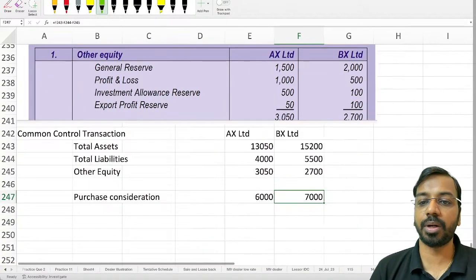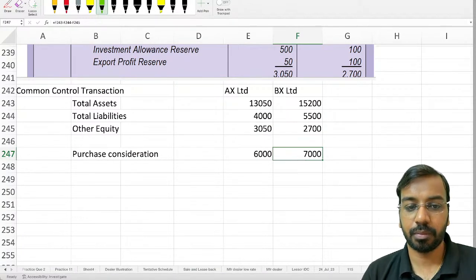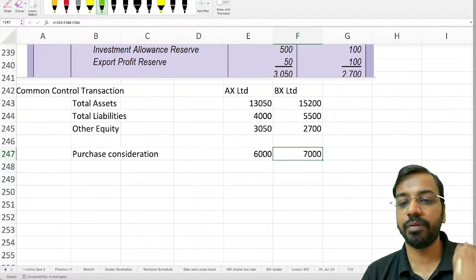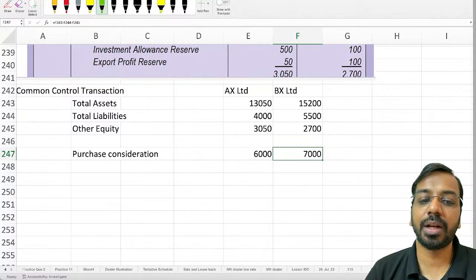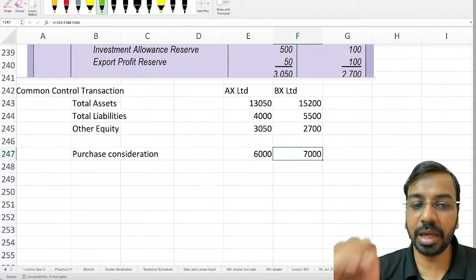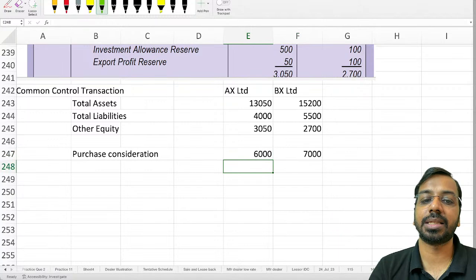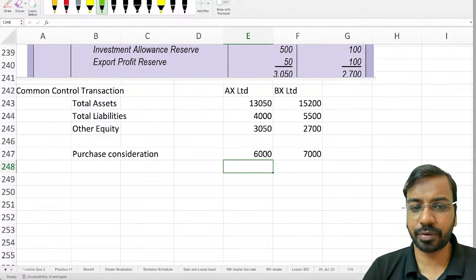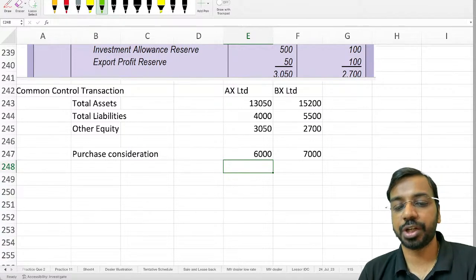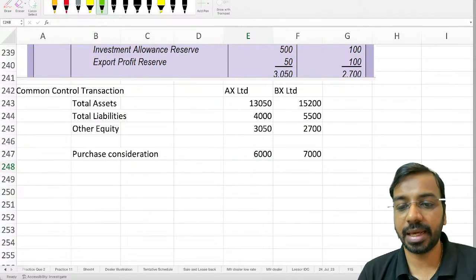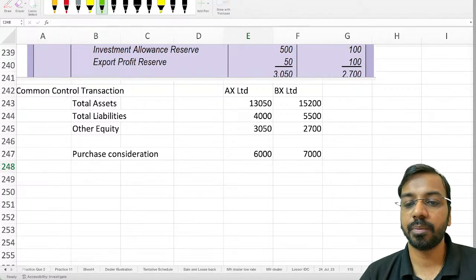So the idea behind common control transaction is we will issue shares, or make the purchase consideration, only at face value, and because we are incorporating everything, we will consider only the share capital component, except the other equity, as purchase consideration. In examination, what I have to calculate? What is the total asset taken over, total liabilities taken over, other equity taken over, the net amount becomes the purchase consideration. So 6,000 is for AX Limited and 7,000 is for BX Limited.